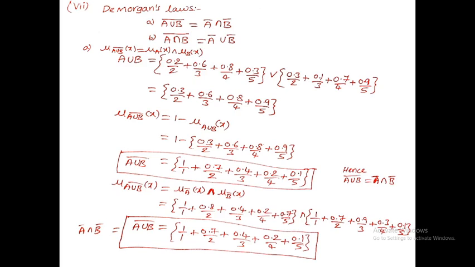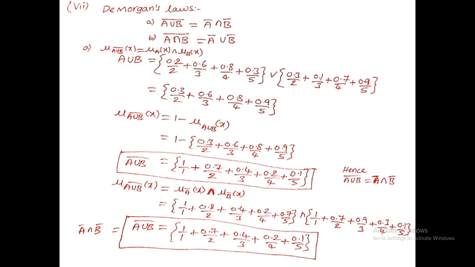When you are doing that, A union B whole bar, or A union B complement, is equal to 1 minus 0, 1 by 1, plus 1 minus 0.3 is 0.7 by 2, at 3, 1 minus 0.6, 0.4 you get, 0.4 by 3 plus 0.2 by 4 plus 0.1 by 5.